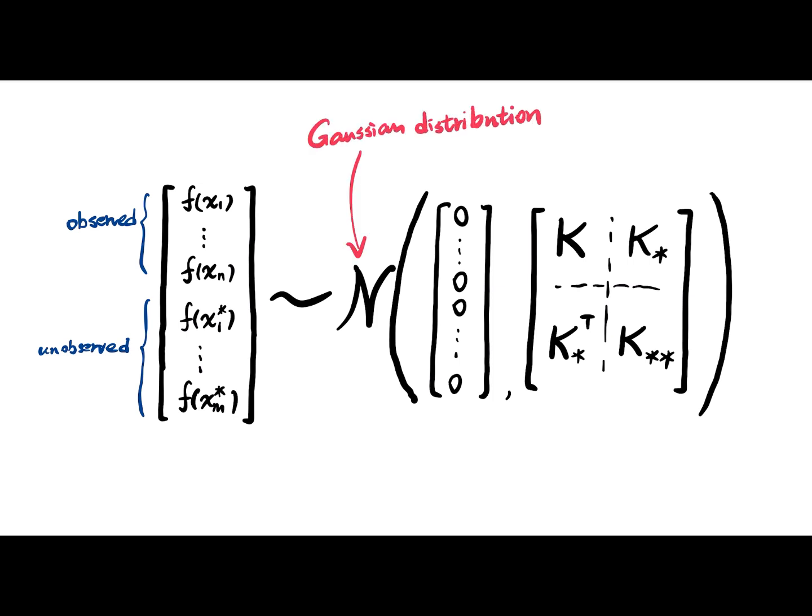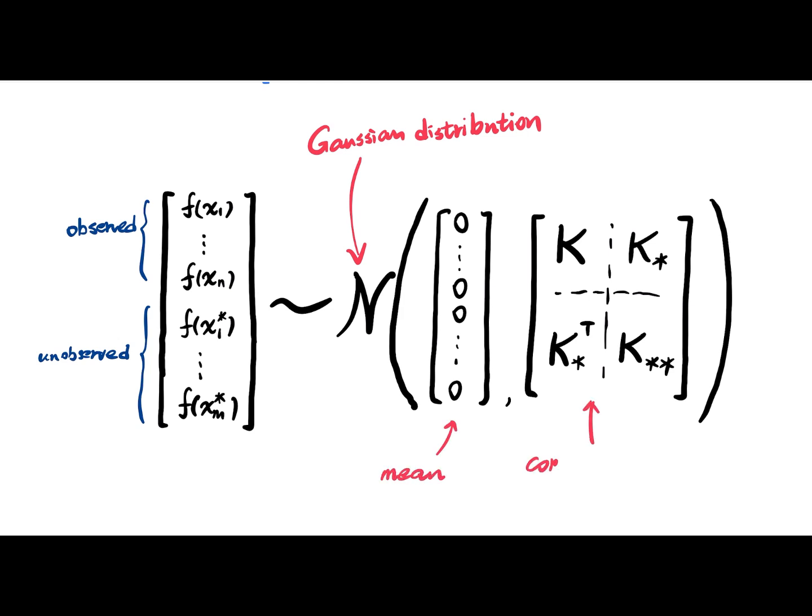The mean of the joint Gaussian is said to be 0, and the covariance matrix is partitioned into 4 blocks. The upper left block, K, is the covariance within the observed f of x's. K star star is the covariance within the unobserved f of x stars, while K star is the covariance between the observed and unobserved data points.